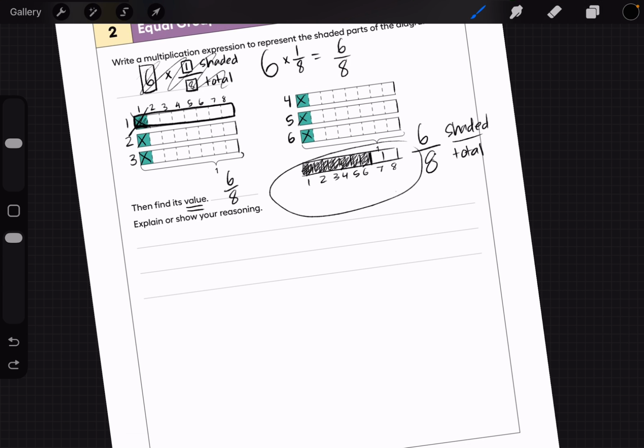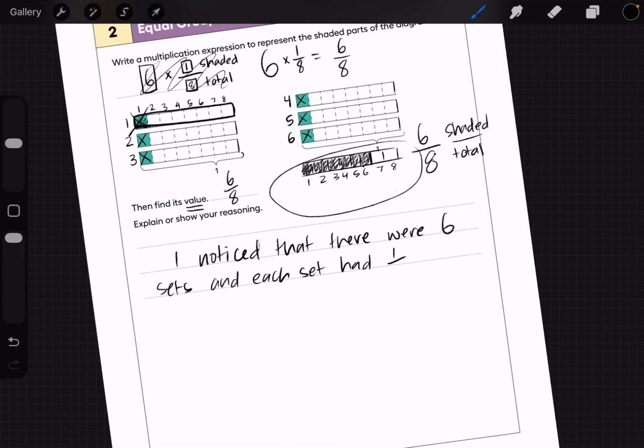What could I write? I'm thinking, I noticed that there were 6 sets and each set had 1/8 in it.